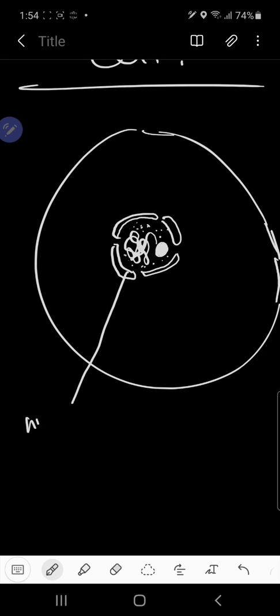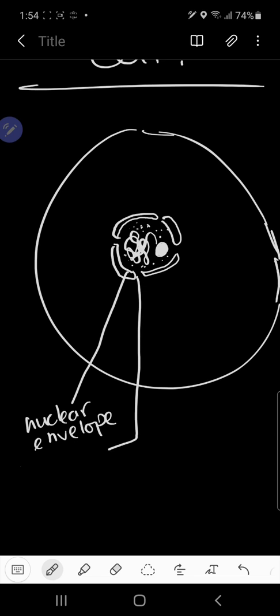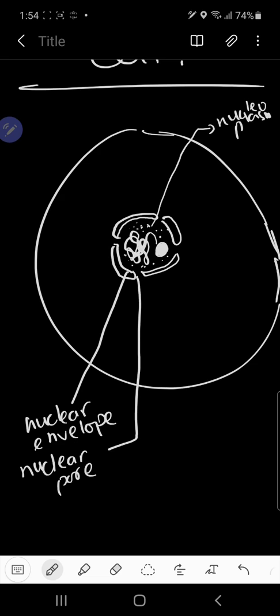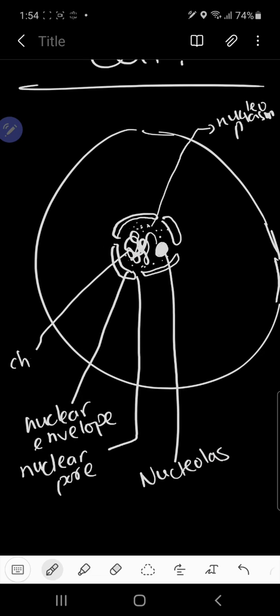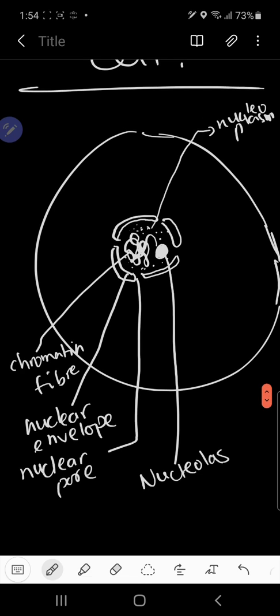This is our nuclear envelope, this is our nuclear pore, this is the nucleoplasm, this is the nucleolus, and these are the chromatin fibers. I have almost occupied a lot of space just doing that.